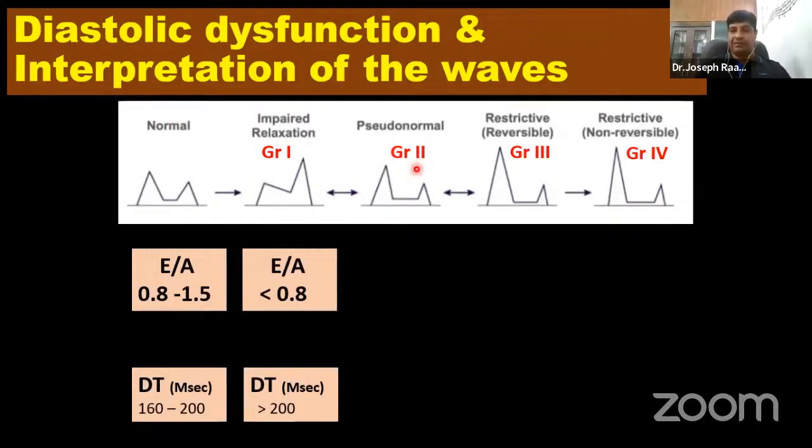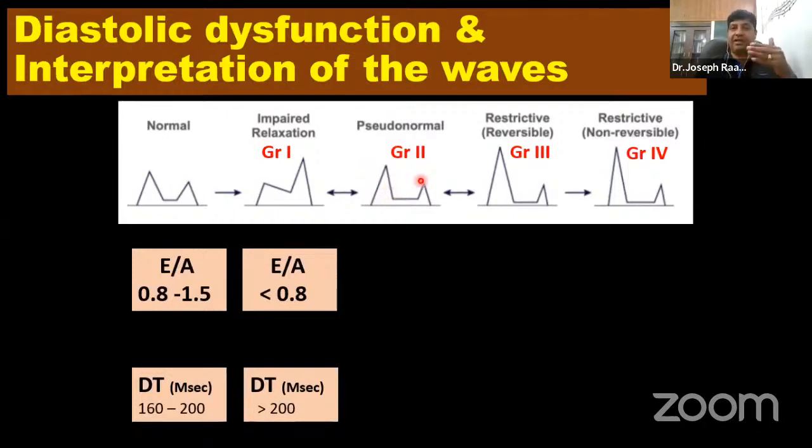Now you can ask me, if you get a wave like this, how do we know whether it is pseudo normal or normal? For that, we have some other parameters. For example, a patient aged more than 45, or a patient whose systolic function is already compromised, or the presence of hypertension.